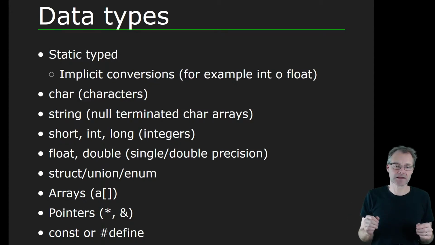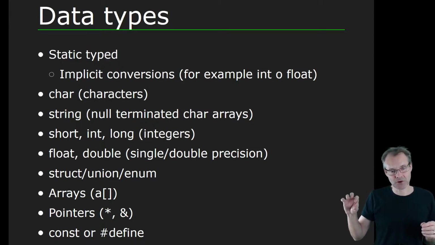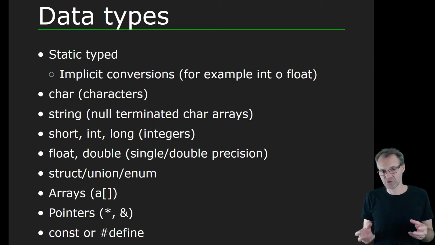We have single and double precision with float and double. We have more advanced data types, where a struct can contain several variables. The union is another more advanced data type, and so is the enum type.